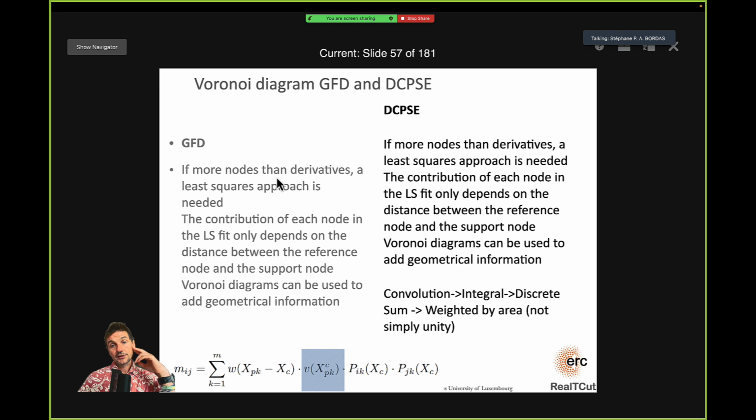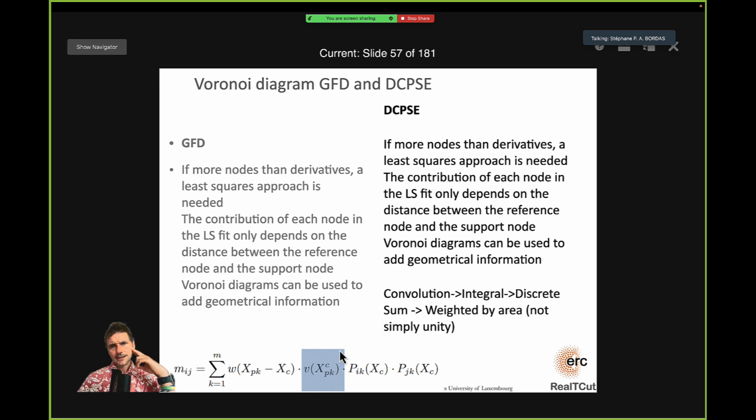If you have more nodes than derivatives, you need a least squares approach, and the contribution of each node in the fit only depends on the distance between the reference node and the support node. And the Voronoi diagram can be used to add geometrical information, right?